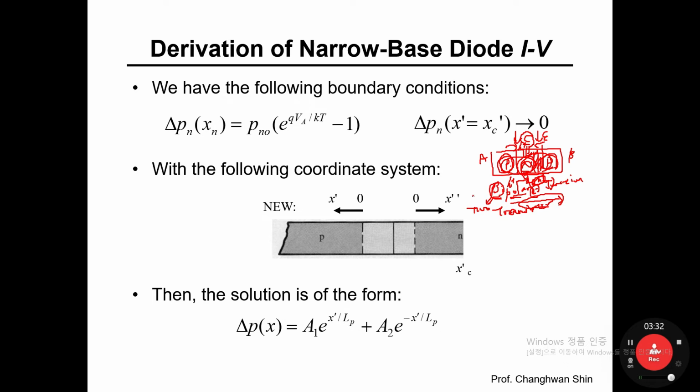From P to P, the holes can be injected and, without recombination with electrons in the N side, those injected holes stay alive and move toward the other P side on the right-hand side.